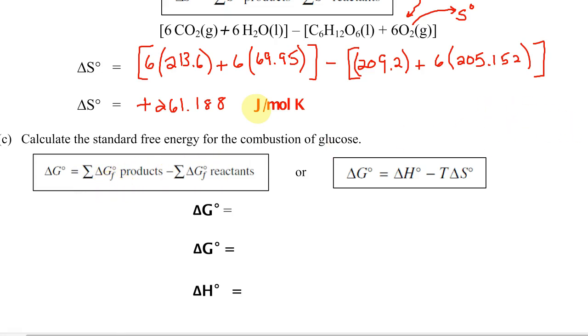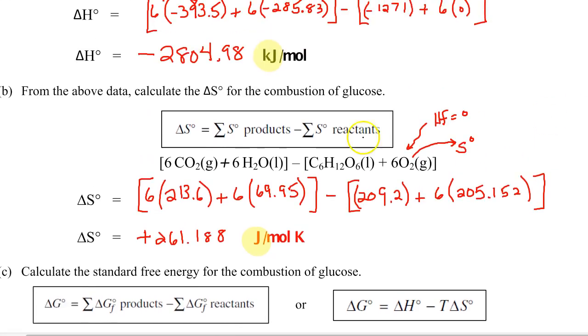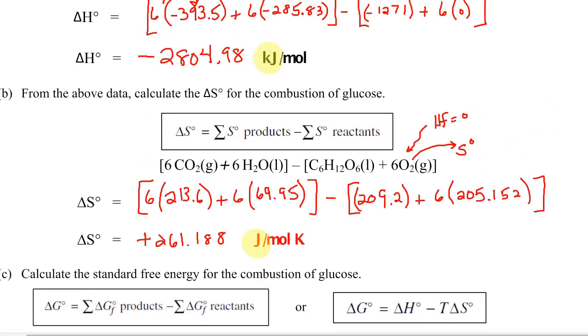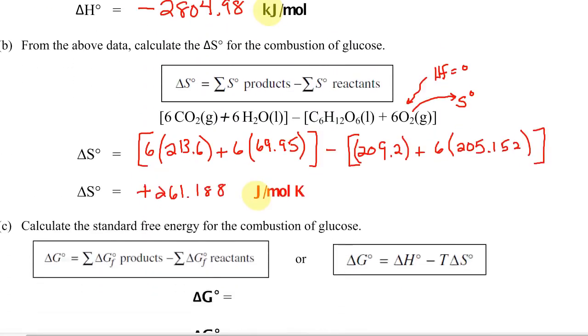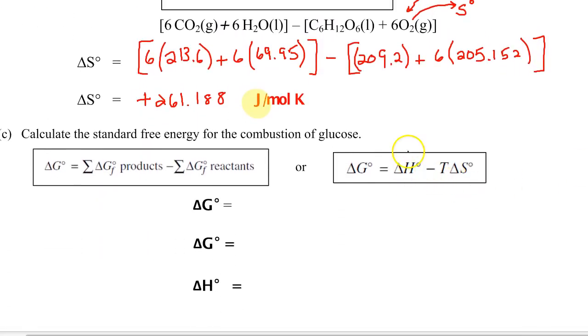I can do the same exact formula if I had another column here that was delta G of formation, like the ones I've been showing in class. But they didn't give you that in this problem, so guess what? You can't do it. So the only way to calculate delta G is you're going to have to use the values that we just calculated from the tablature to plug in.